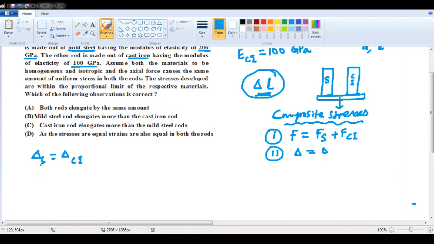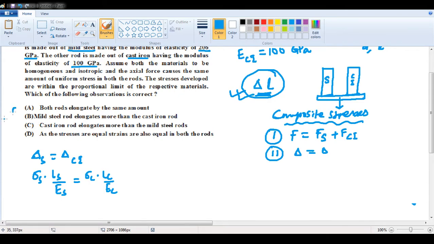So strain in steel will be what? Sigma S into LS into ES, correct? Here again this will be sigma C into LC again EC, but here we will find a relation between the stress. But what is our agenda?